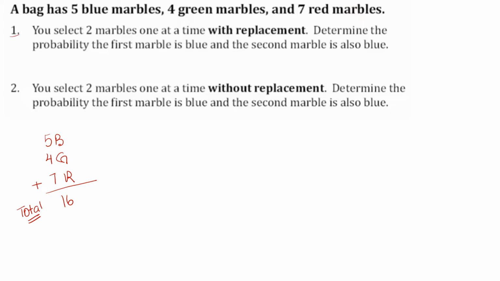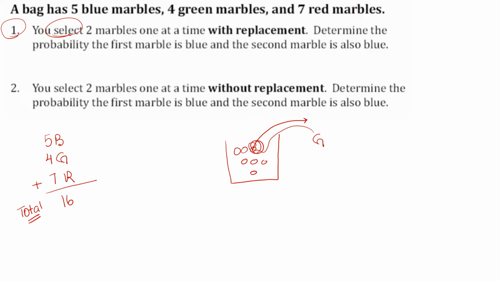Now the question is, you have to select 2 marbles one at a time with replacement. What does it mean? That there is a box in which you have a lot of marbles. You select 1 marble, for example this marble, and after selecting, for example, it is a green marble, you note it down that this is the green marble, and then you place it back.